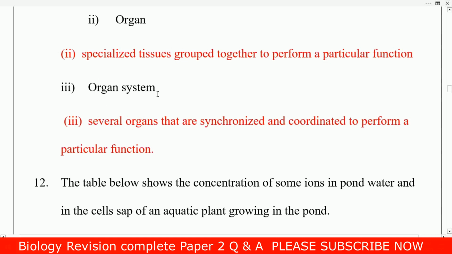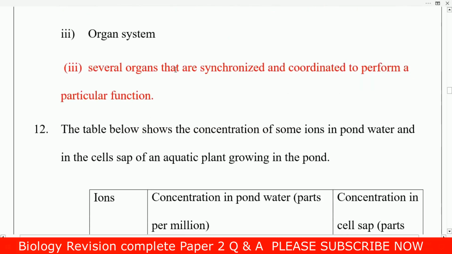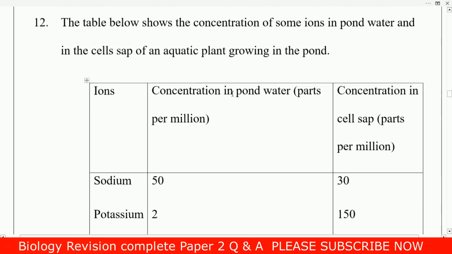What is an organ system? Organ system is several organs that are synchronized and coordinated to perform a particular function. You can see the terminologies. These are biology terminologies that you must use while answering the questions.